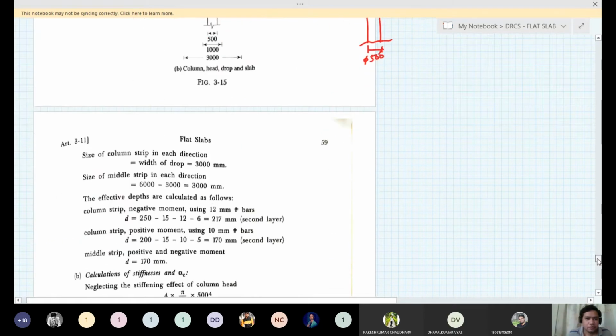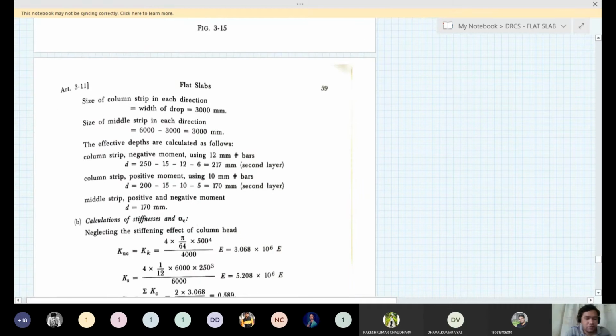The next step is to find the strip width. The width of the column strip will be equal to the width of the drop. We have actually covered this in earlier lectures.